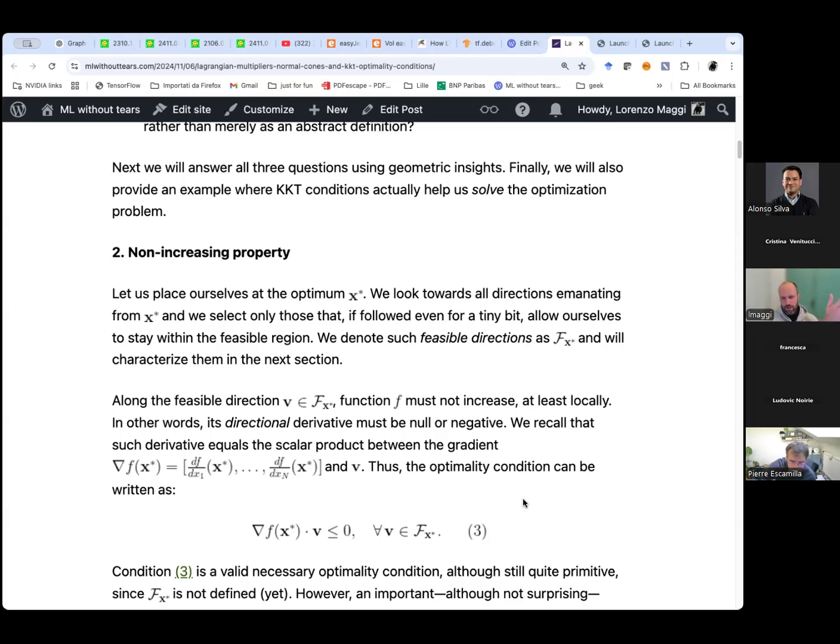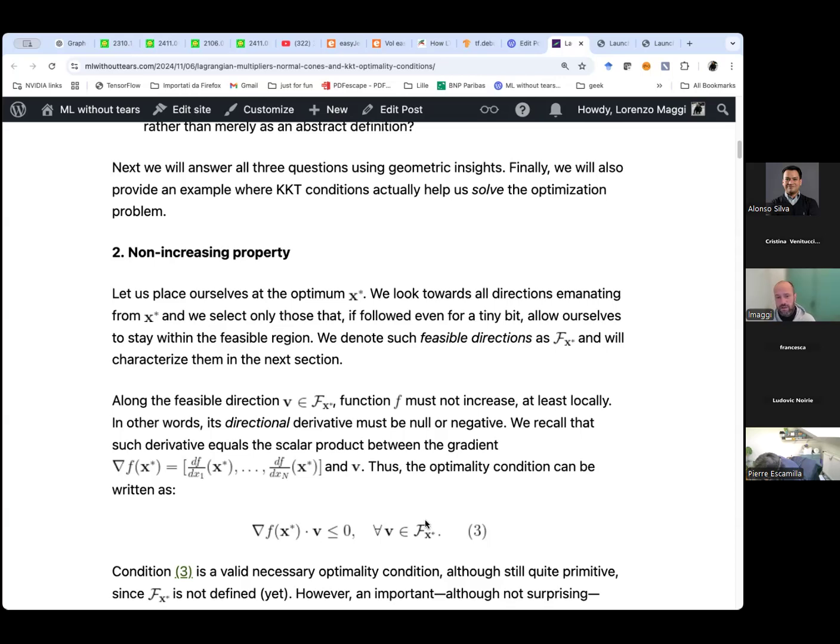Probably not all the time, because at some point you will go outside, but at least you stay in the feasibility region for a tiny bit. Okay. So the optimality condition can be restated as: the gradient at the optimal point, scalar product with any feasible direction, is non-positive.